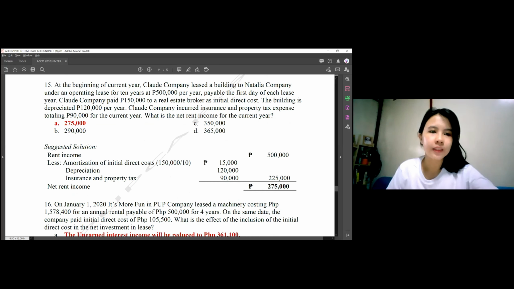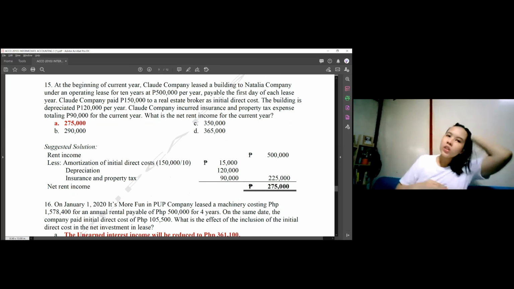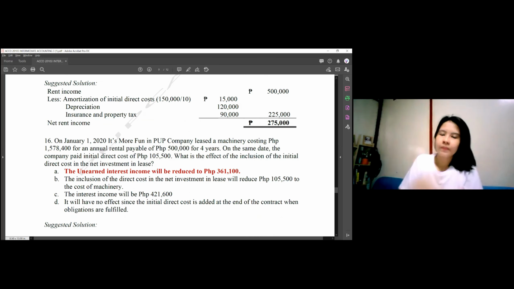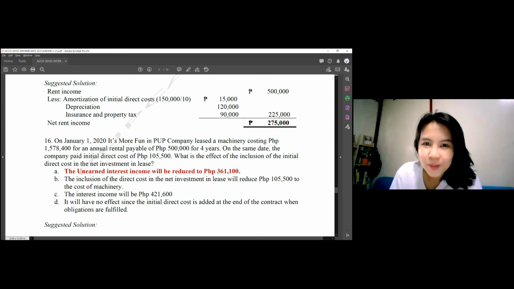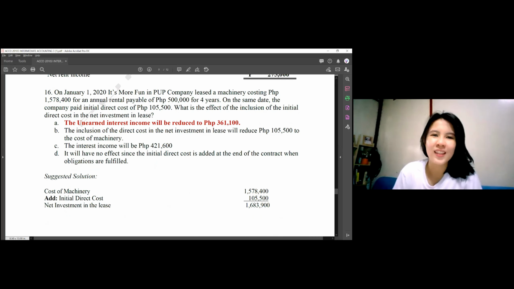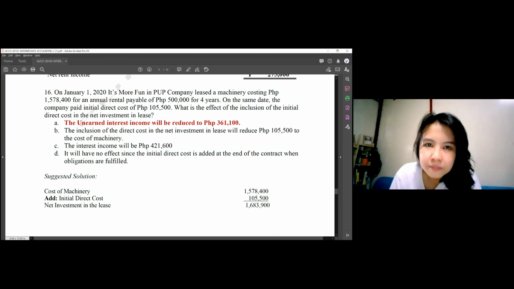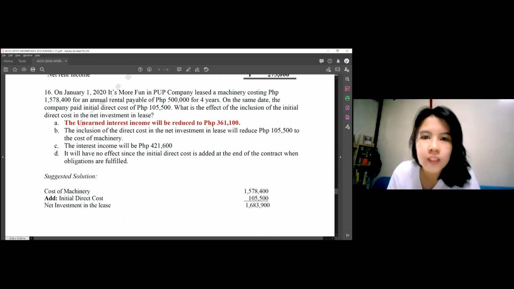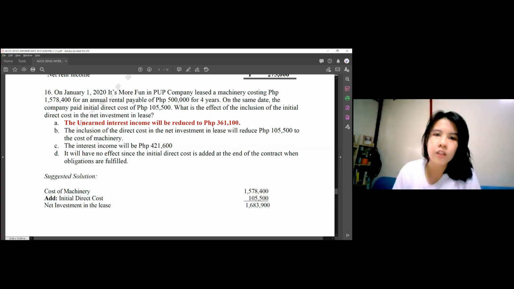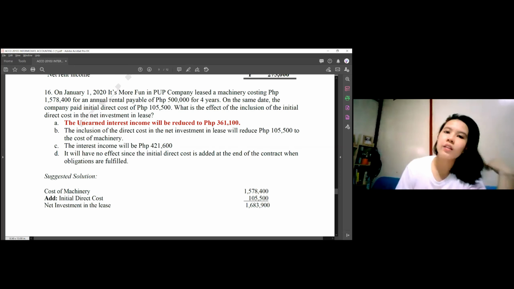Question number 16. So, noong January 2020, It's More Fun in PUP Company, so cute, leased machinery costing 1,578,400 for annual rental of 500,000 for 4 years. On the same date, the company paid initial direct cost of 105,000.